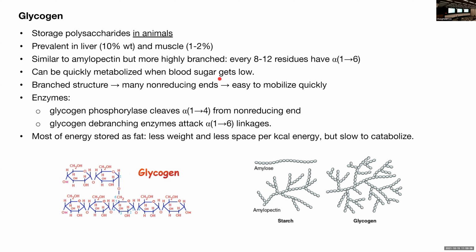And interestingly, all the branching ends are non-reducing ends. We talked about reducing ends and non-reducing ends for polysaccharides, right? The only difference is whether it can make another linkage with another sugar molecule or not. If it is possible, then it's a reducing end. If it's not, that's a non-reducing end.